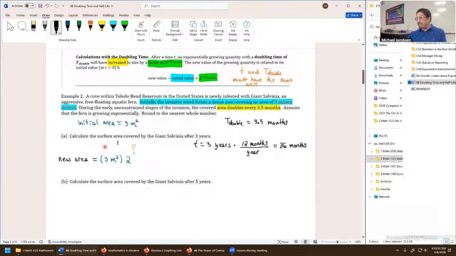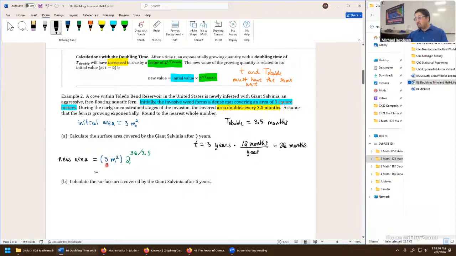Okay, with that correction, again, watch out for that misstep there. That's not a good mistake to make. It can make our values way, way off. We're taking 2 to the power of 36, divided by t double, which is 3.5 months. And this will give us the new area coverage for the invasion of the giant Salvinia. So all we now need to do is throw it into a calculator.